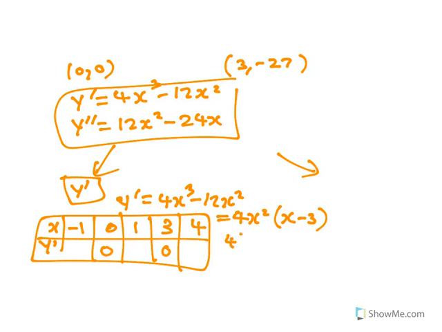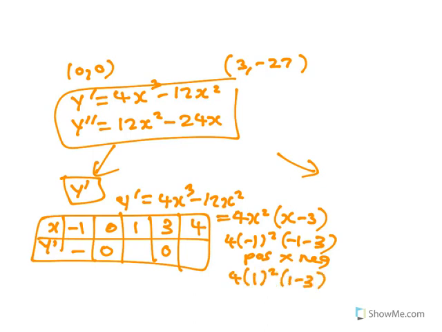So if you put minus 1 in there, the first part is always going to be a positive because of the square. And that's going to be times a negative, so that's a negative. 4 times 1 squared, 1 minus 3, that will be a negative. And then when you put 4 times 4 squared, 4 minus 3, that will be a positive.